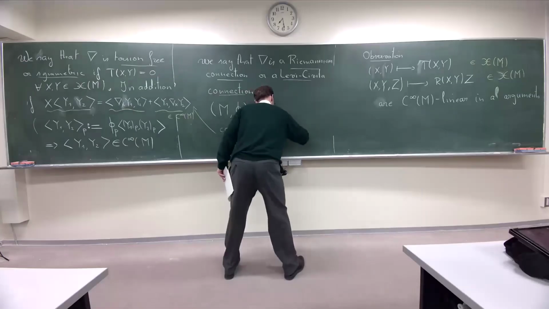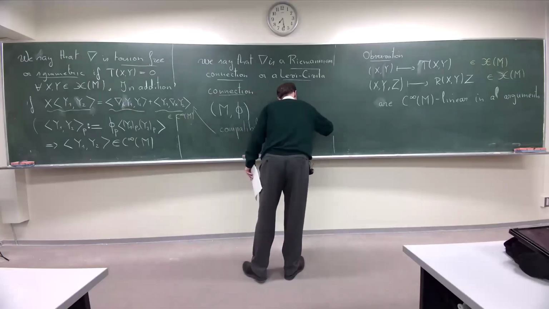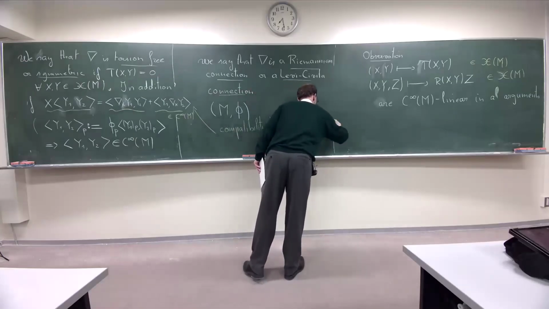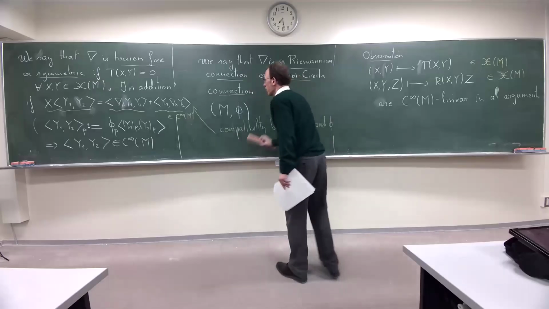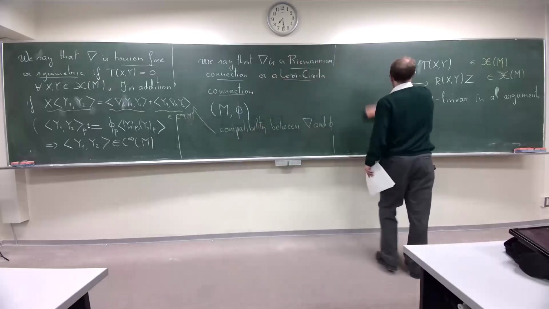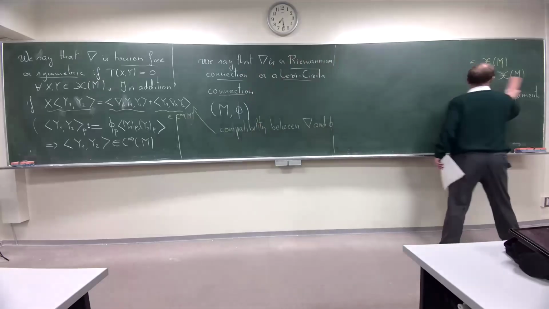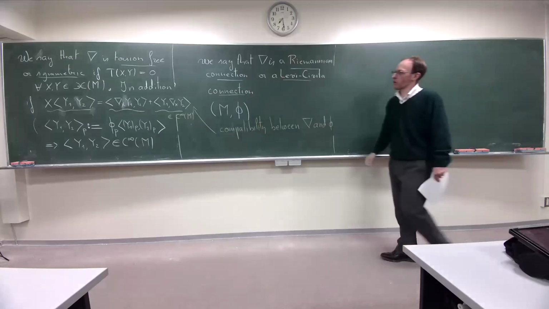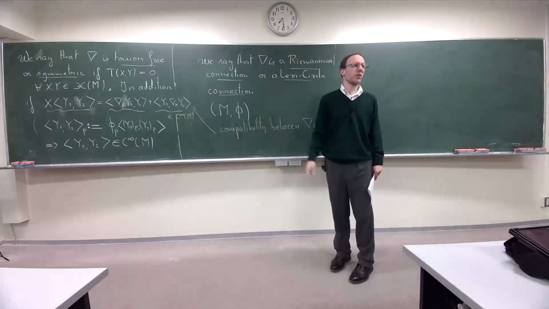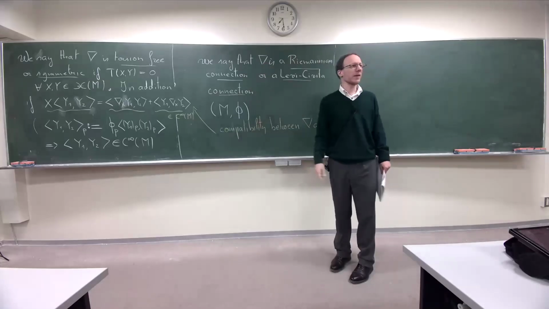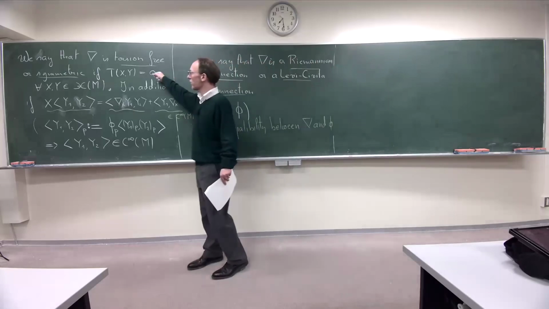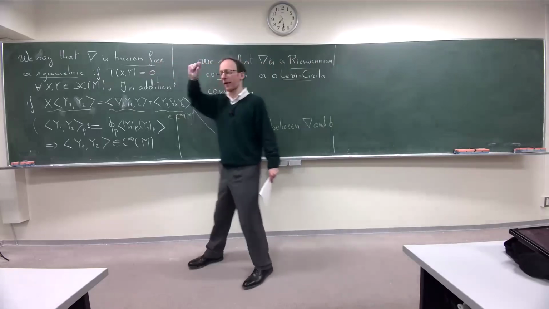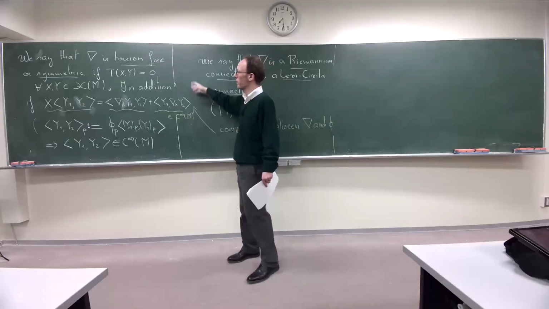between the connection and the metric. It's a condition which involves both. Remember, in the previous chapter, these two conditions were satisfied. Torsion-free was satisfied, it was one property of the theorem I mentioned, and I also mentioned this one.